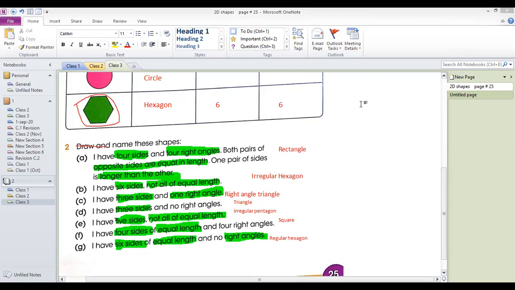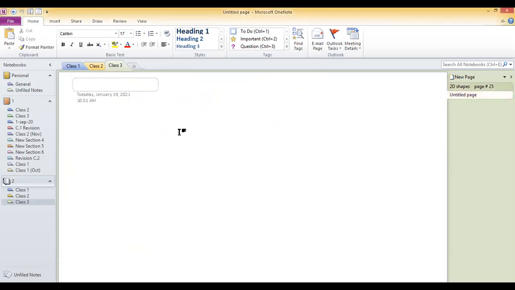Just like 2D shapes, there are some important terms which you should know before going to 3D shapes. In 2D shapes, we were checking sides and corners, vertices. But in 3D shapes there are faces. You will learn about faces and edges and again vertices, corners.